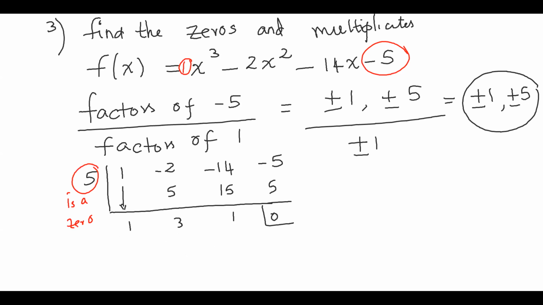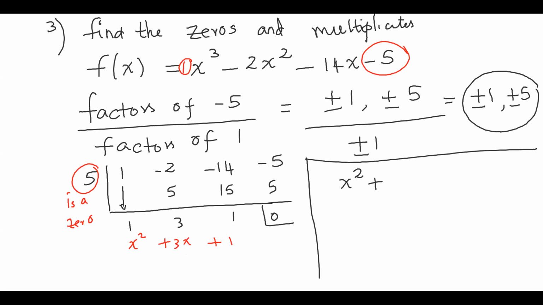So the degree is 2. We have to have 2 more zeros. So the quotient here is x squared plus 3x plus 1. Let's solve this one. We cannot factor this, so we don't get any rational zeros.